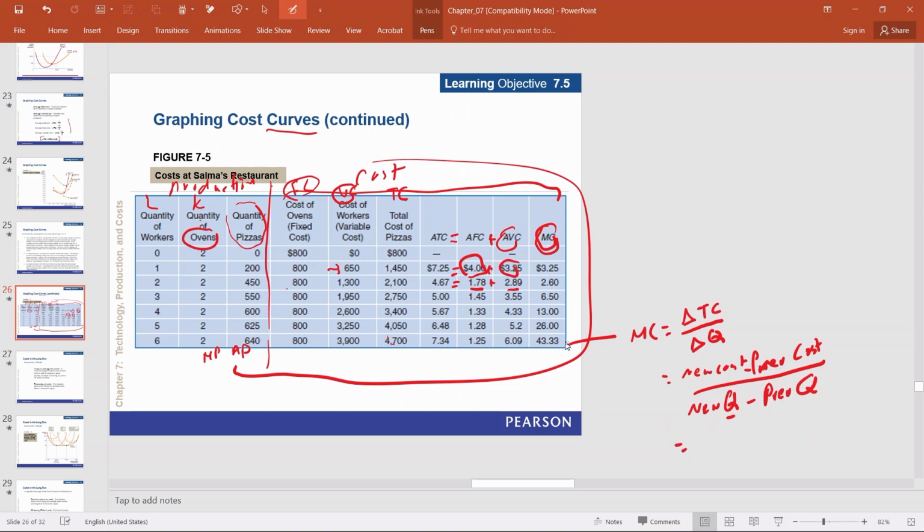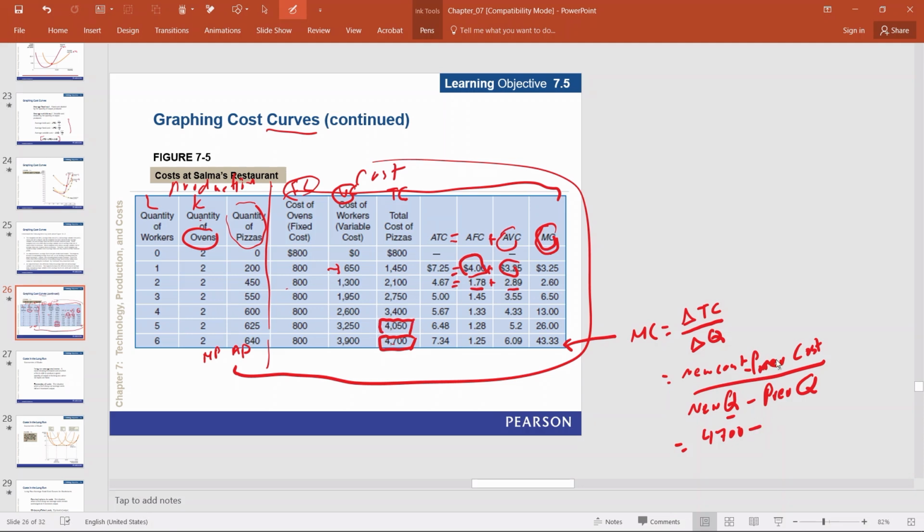So if you take this number, for example, because it's easier to understand, this is the latest total cost, 4,700, minus the previous one, which is this one.